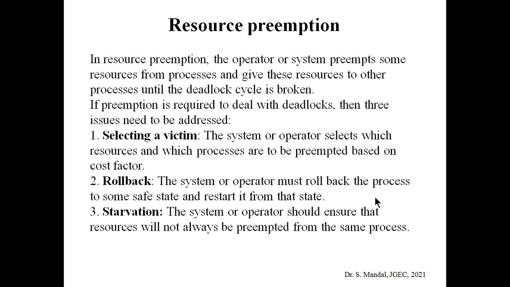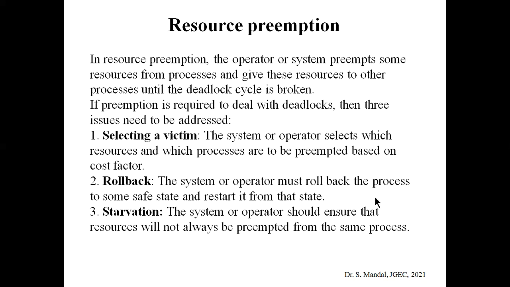If preemption is required to deal with the deadlock, then three issues need to be addressed. First, selecting a victim. The system or operator selects which resources and which processes are to be preempted. Suppose P1 holds the R1 resource; if we select P1 and R1 as the victim, then R1 can be allocated to the other process.